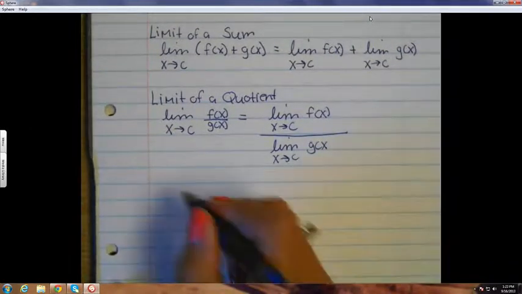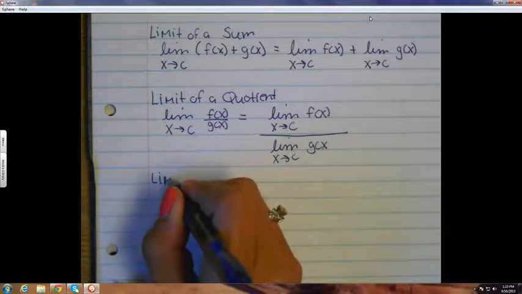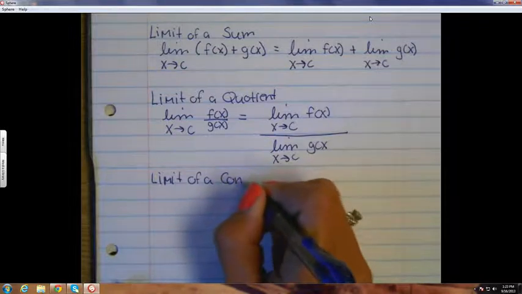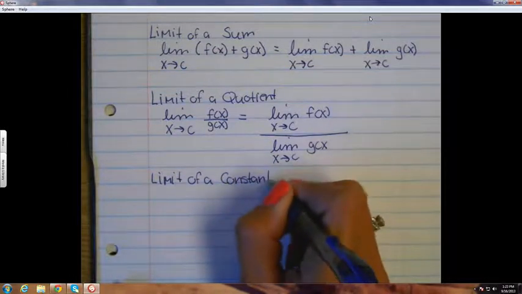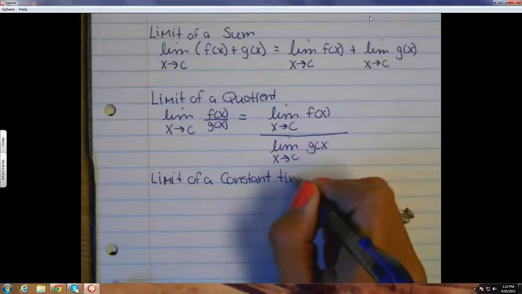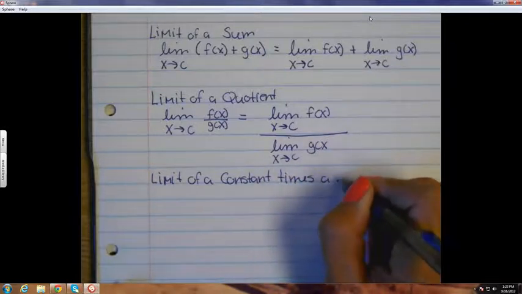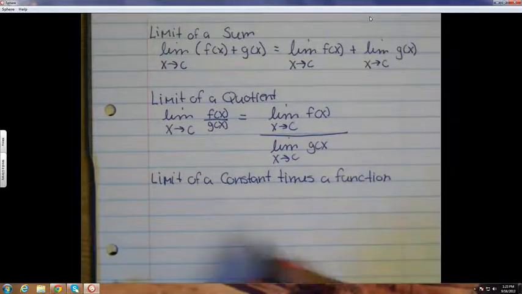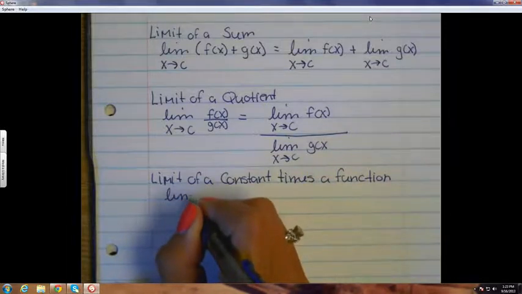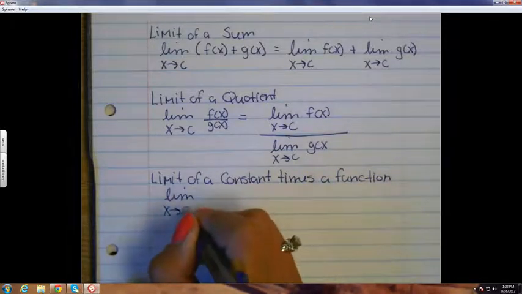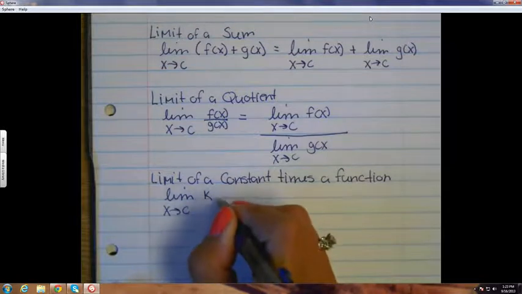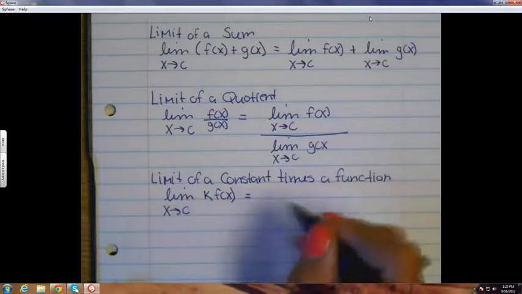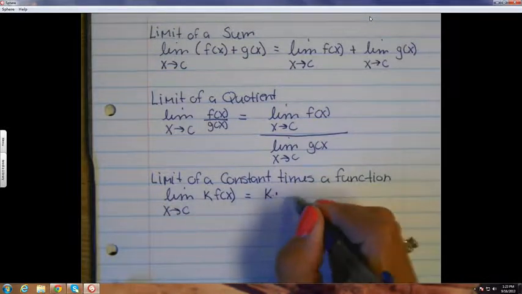Next is the limit of a constant times the function, which looks like the limit as x approaches c of some constant k times the function. What we can do is pull that k out in front. So it's the constant times the limit of the function.